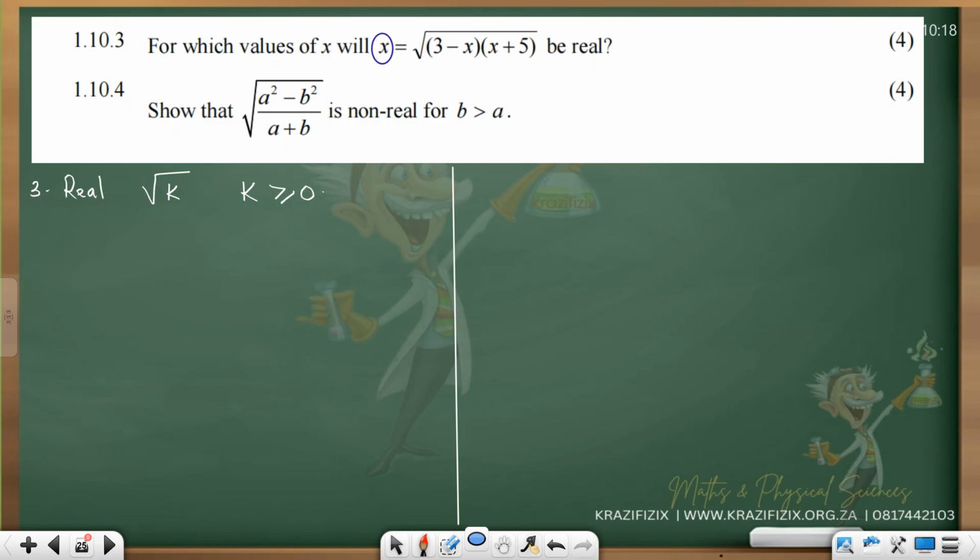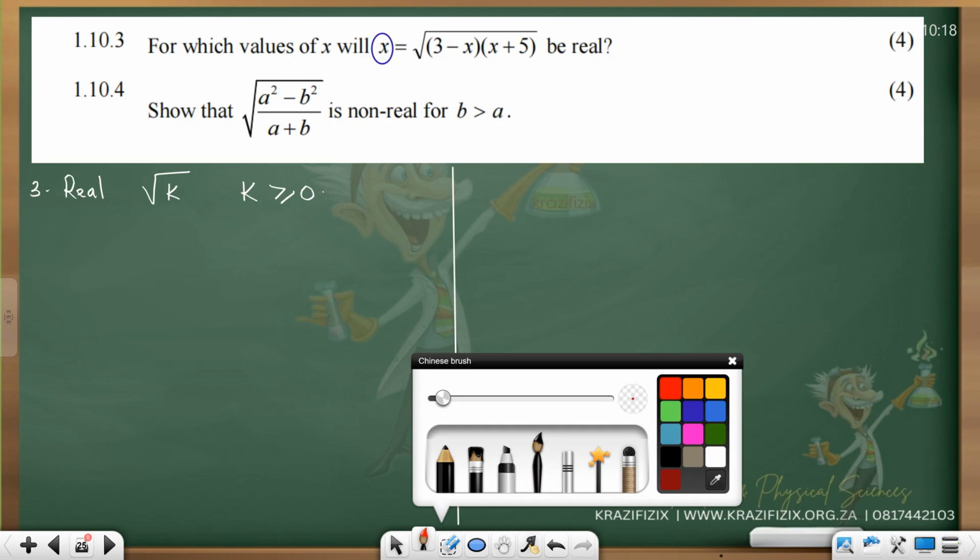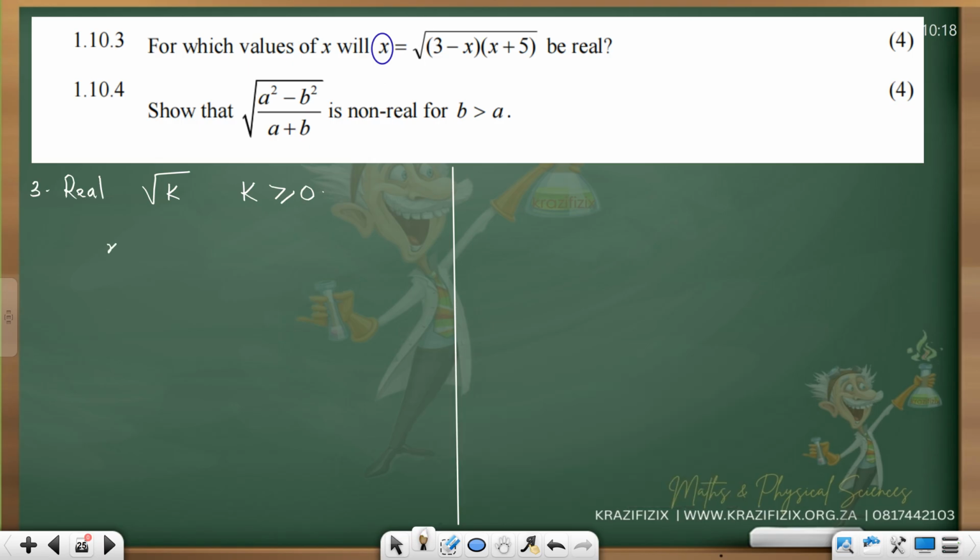You see, I've got x here. For which values of x will... that's very tricky. Let's try to expand first. I want to see something. I'll test something here quickly. 3 minus x plus 5. Let's expand. I want to see something, because I have x on both sides.